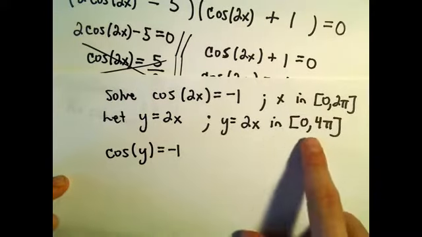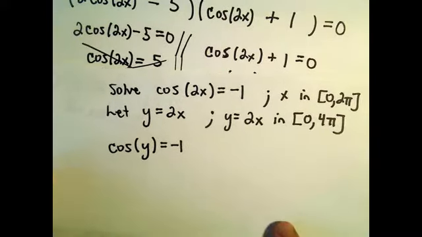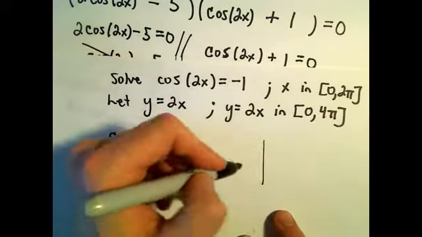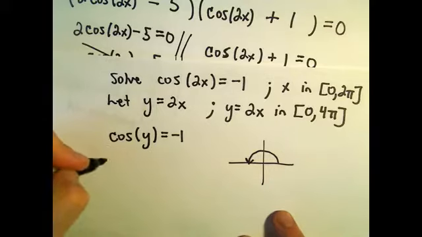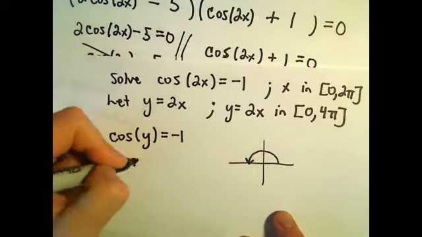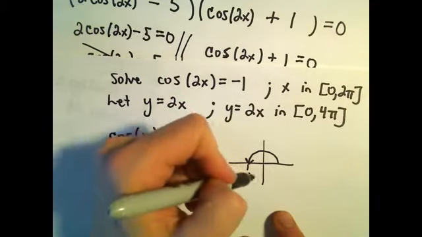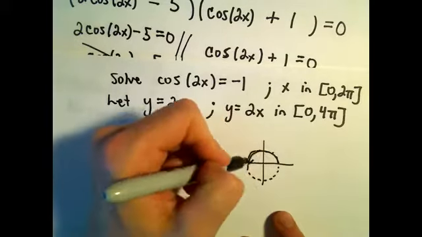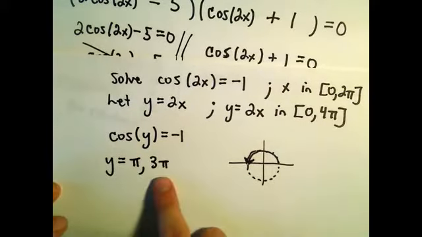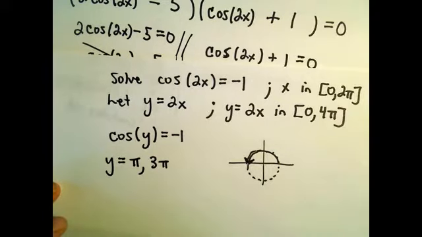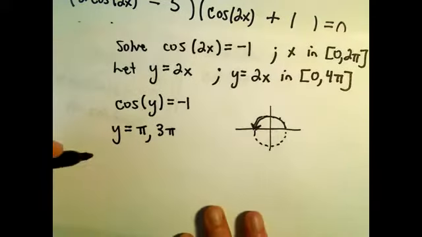But again, we want y to be in the interval 0 to 4 pi. Well, in terms of the unit circle, cosine of pi equals negative 1. So y equals pi would be a solution. And then I think the next solution we would get would be at 3 pi. And that would be all the solutions in the interval from 0 to 4 pi.